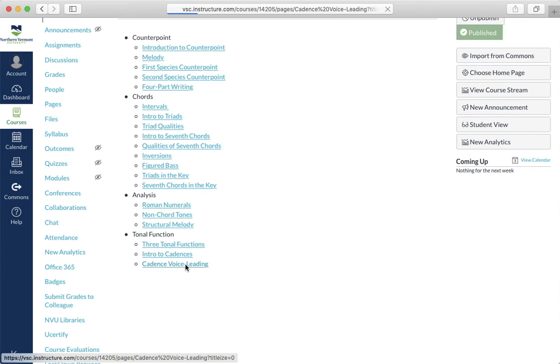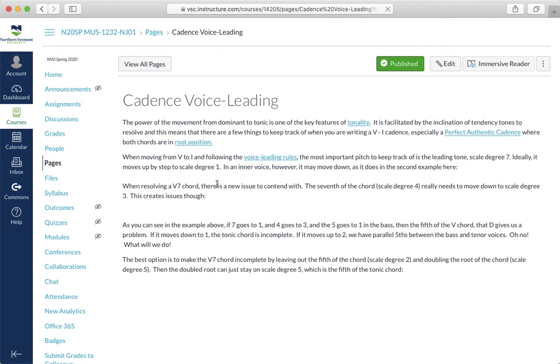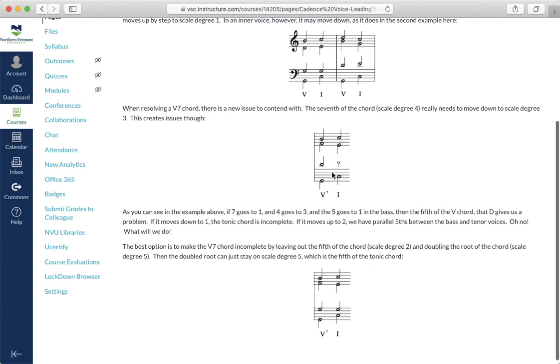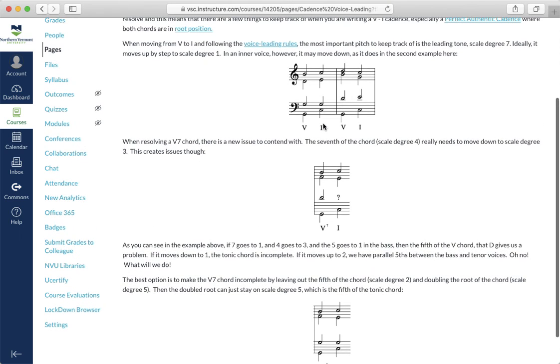the voice leading for cadences. Again, trying to be really pragmatic with it, to identify where the voices need to move, specifically in a 5/7 chord, root position 5/7 chord, moving to a root position 1 chord.